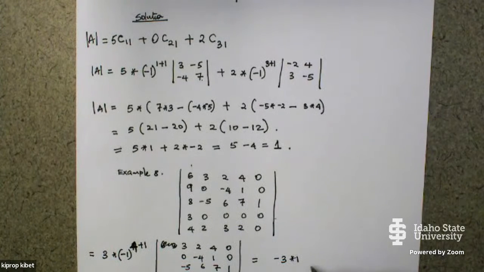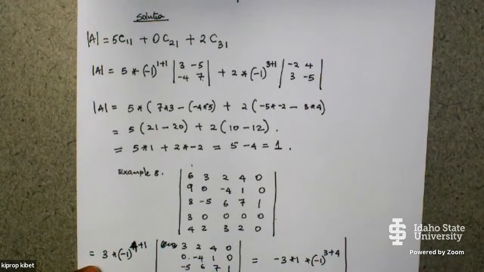In this case, this is the third row, plus the fourth column, 3 plus 4. Then we get what?